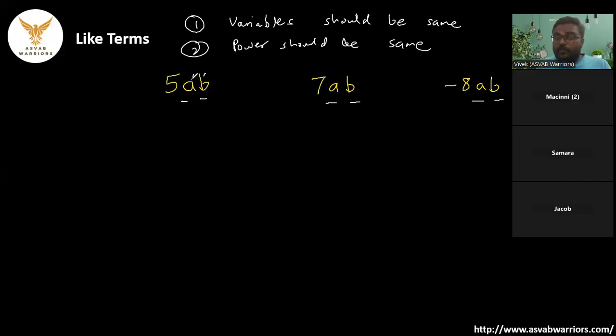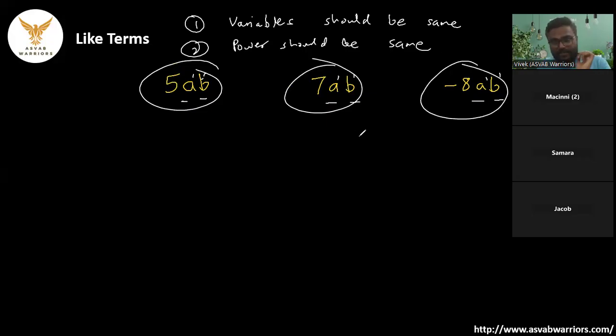If there is nothing, there is always one. A has power one, B has power one, in all three. So both the conditions are satisfied, and all these three are like terms. Let me take a few more examples.